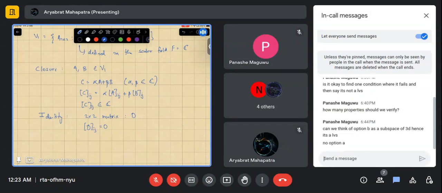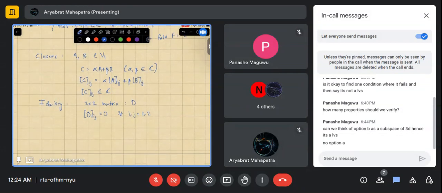So we are checking this identity property under addition. So it has to be something like a null matrix. This ij again goes from 1 to 2.